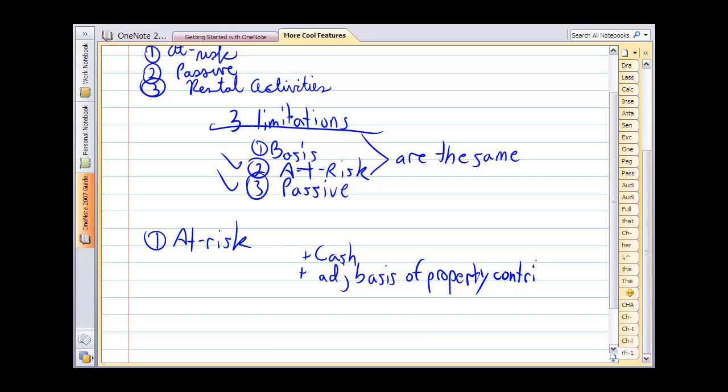Say you put some equipment or some buildings into a business as a property contribution. Well, you would increase your basis by the basis you have in the property you put in. And then any shares and liabilities.